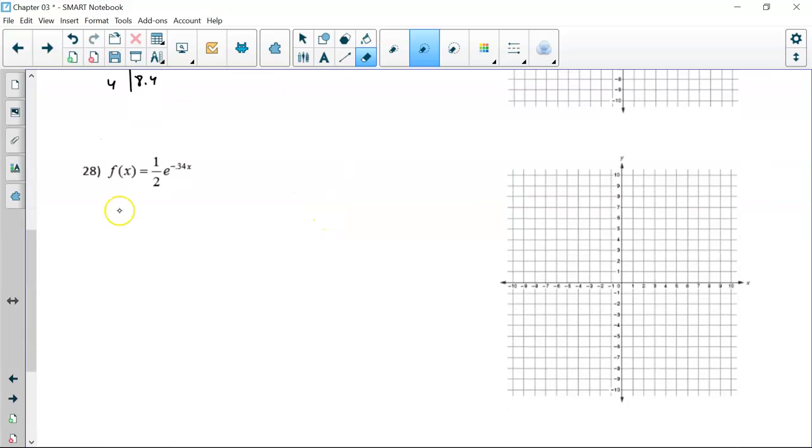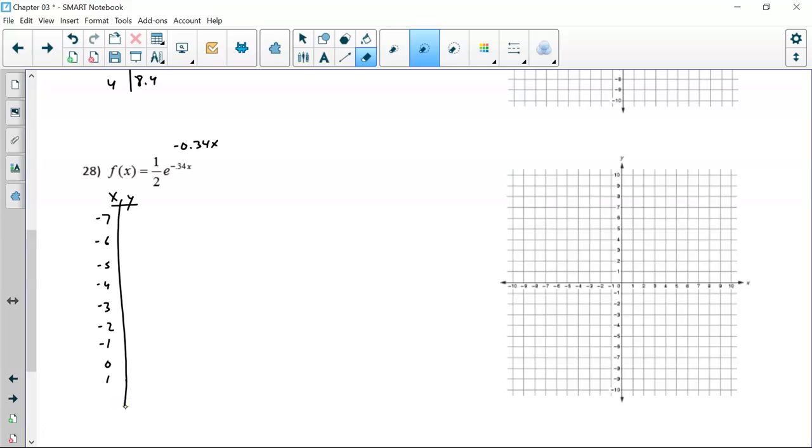Now we'll do the same thing for number 28. For 28, once again, I'm just going to use your calculators for this. You can type that whole function right in your calculator, and that's a negative 0.34x. I'm going to go -7, -6, -5, -4, -3, -2, -1, 0, and 1.